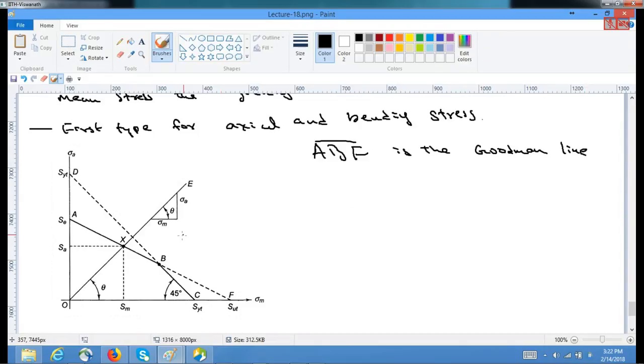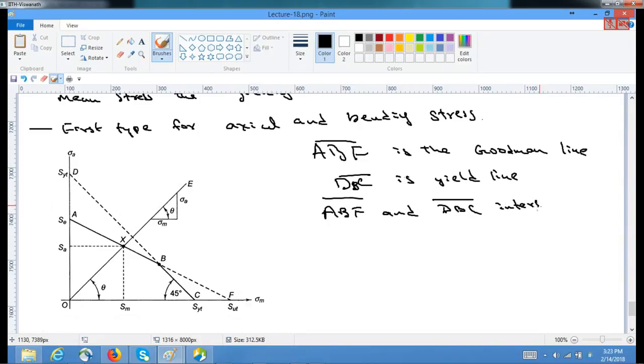But we know DC is the yield line. These two lines, ABF and DBC, intersect at B. So at higher mean stress, since yielding is the criterion, you have to reduce it.